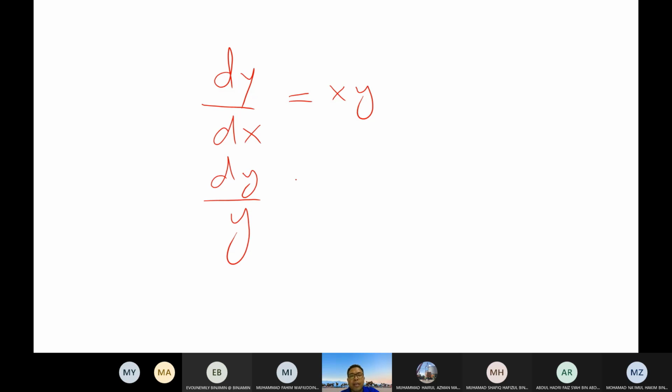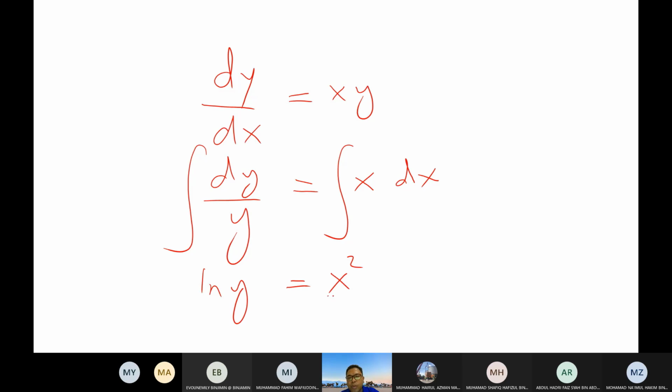So if I go back to your mathematics subject, let's say I want to solve that equation. You can use the method of separable variables. You separate your variable y with your dy, and your x with your dx, and then you perform integration on both sides. This will be ln y, and this will be x squared over 2 plus a constant c.